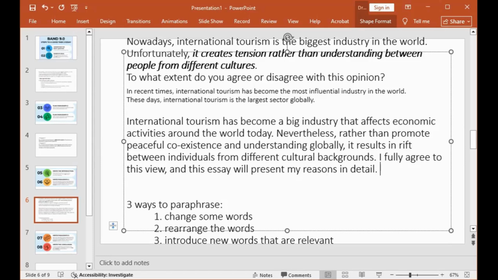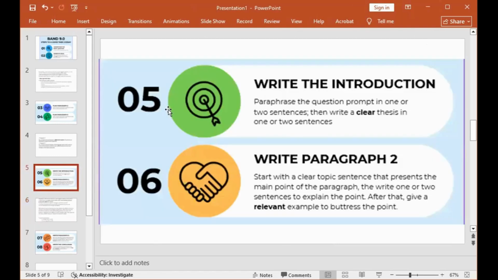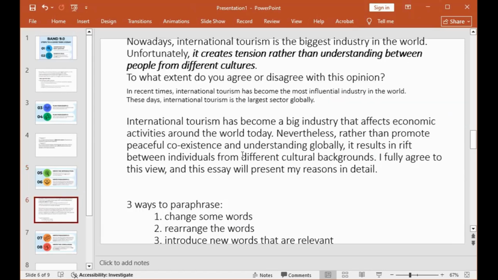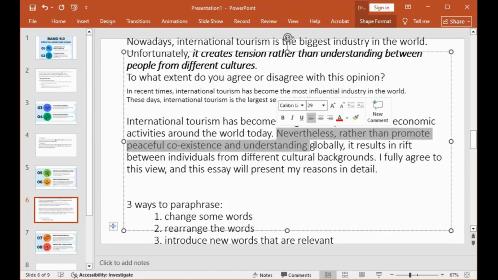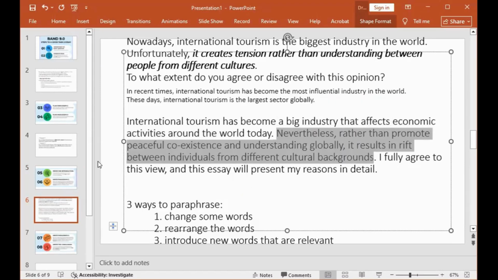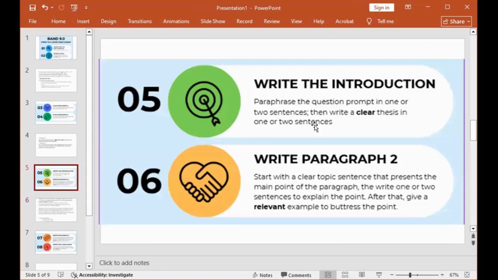Do you get the gist, Uchechi? You see the way I've followed the steps. So we said what? Write the introduction. Paraphrase the question prompt in one or two sentences. This is sentence one, this is sentence two. And then a clear thesis. Write a clear thesis in one or two sentences.